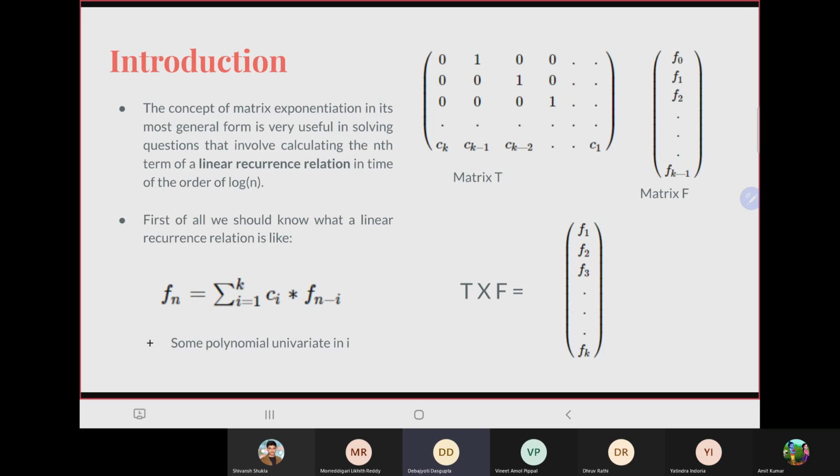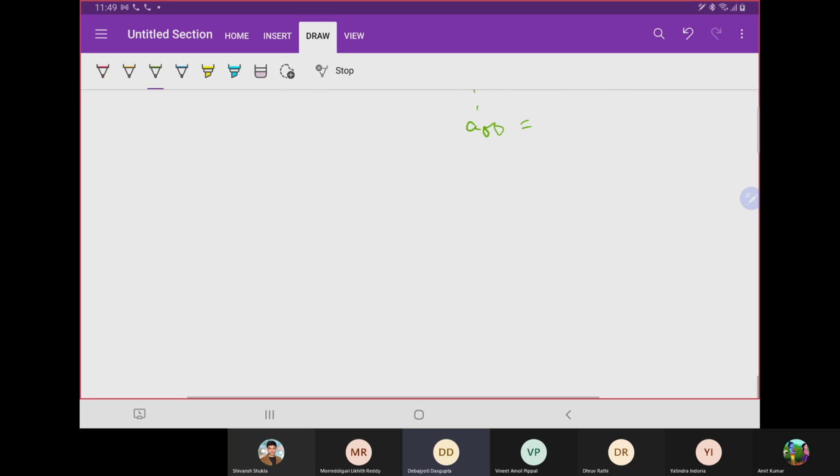And once I apply the transformation on this vector, I will get F1, F2, F3. So what is happening, I will show you here. Say my Fibonacci numbers had the terms F0 and F1 for the starting. So I will build my transformation matrix. So I will reverse it. Okay, so I will ignore this part.